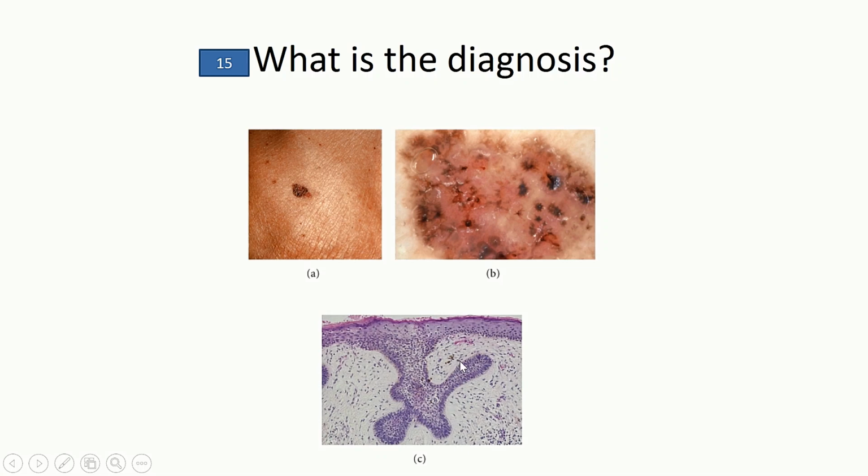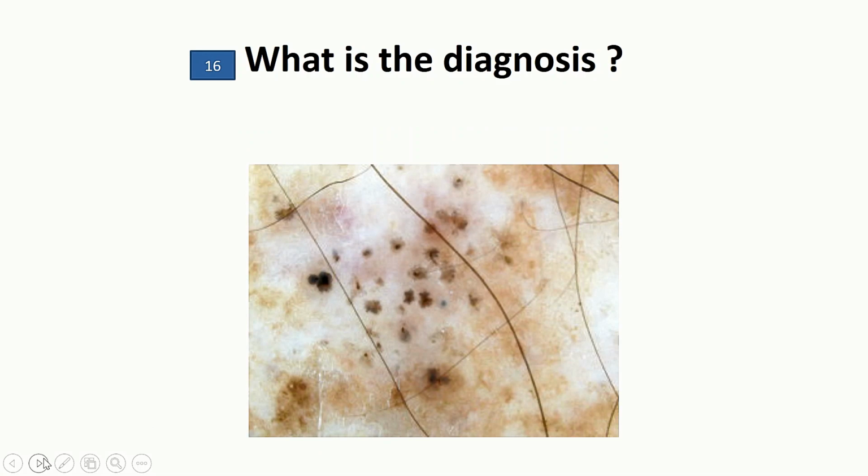An island of basophilic color with palisading in the periphery, and here a dermoscopy looks like a spoke wheel structure. All are suggestive of basal cell carcinoma.